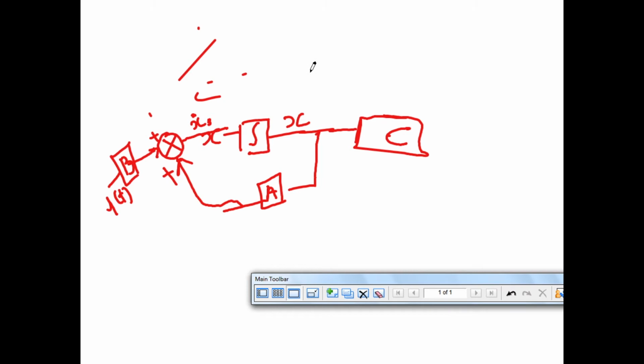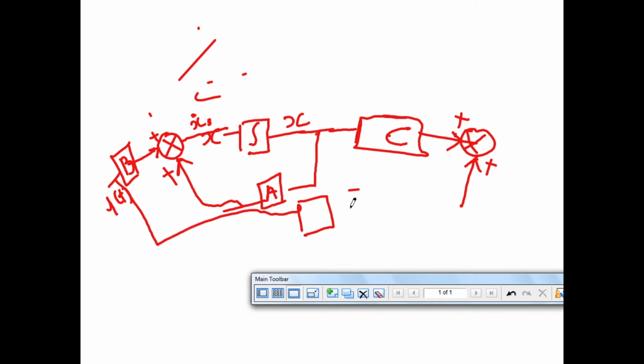Our output equation is y is equal to c x plus d into u of t. There is a plus sign, so again I get a summation point, and u of t is fed to it through d. Pardon my drawing, as I am not that familiar with this touch pad.